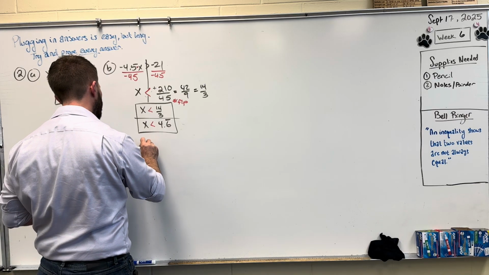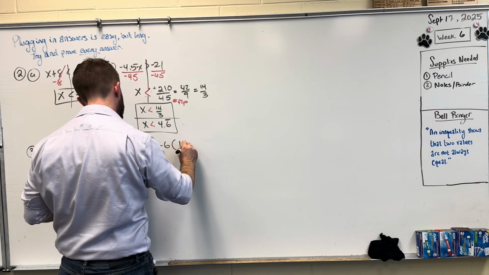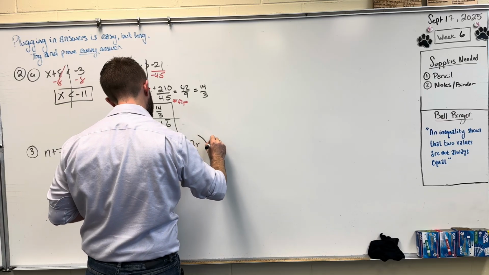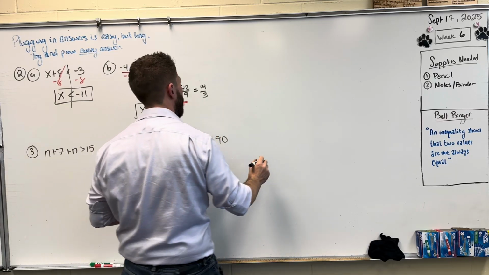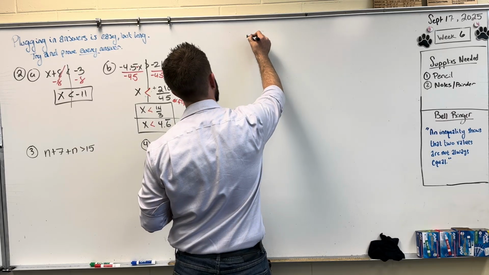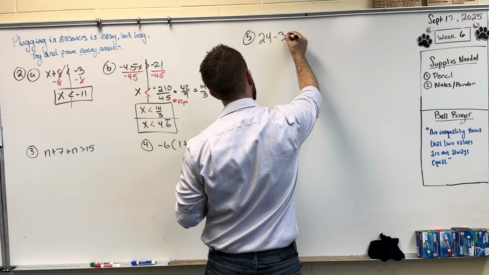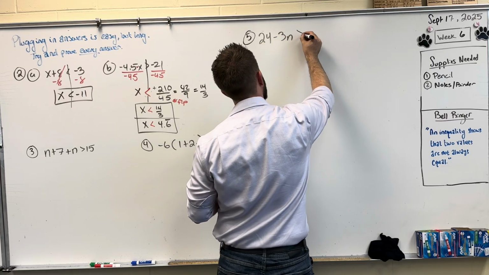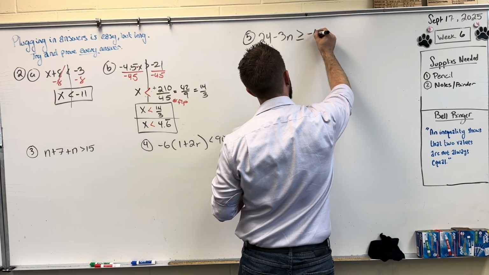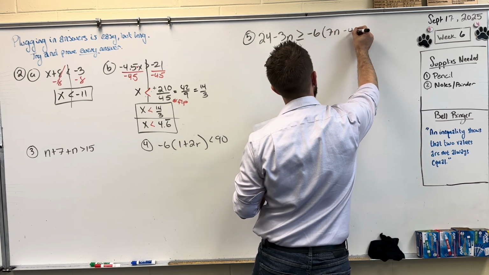Number 4 is going to be negative 6 times the quantity 1 plus 2r is less than 90. And I guess I'll put number 5 up here. Number 5 is 24 minus 3n is greater than or equal to negative 6, 7n minus 4.